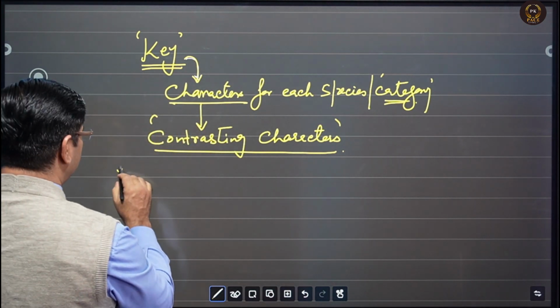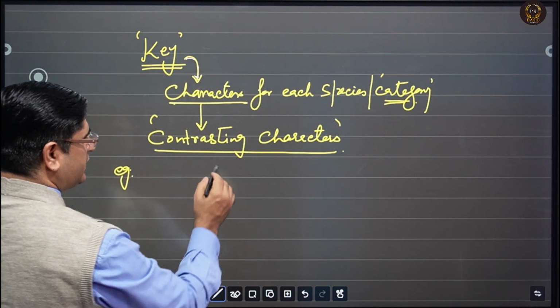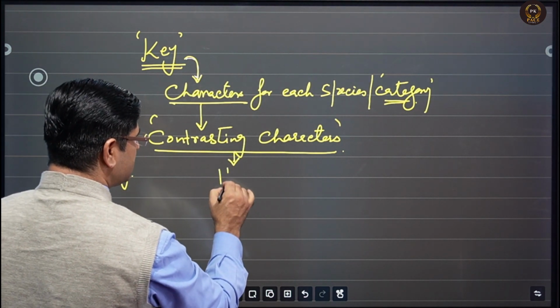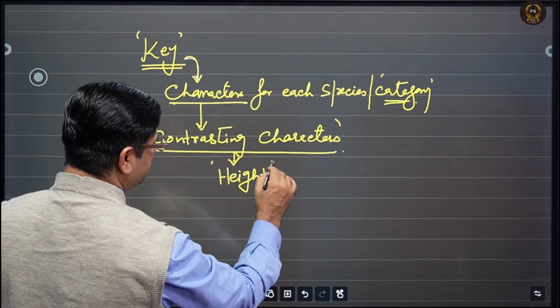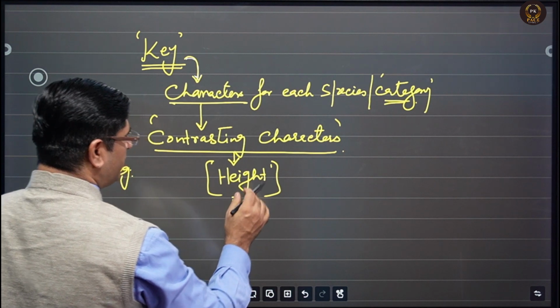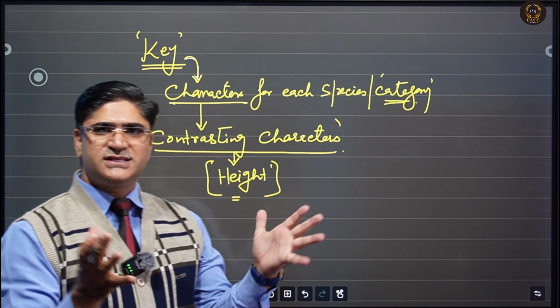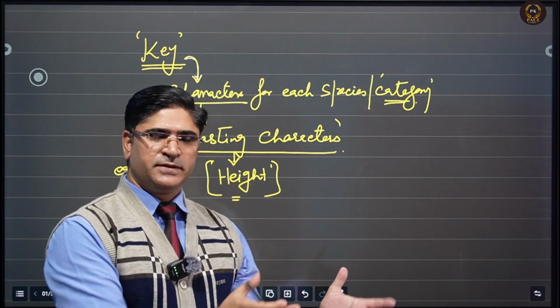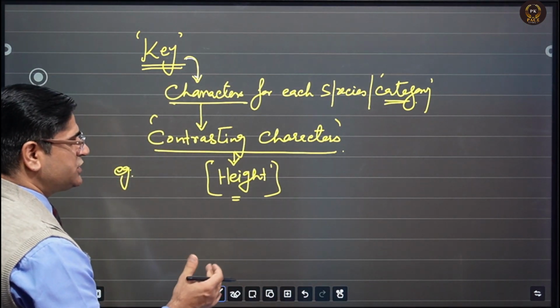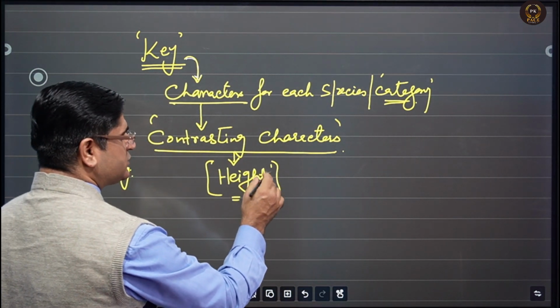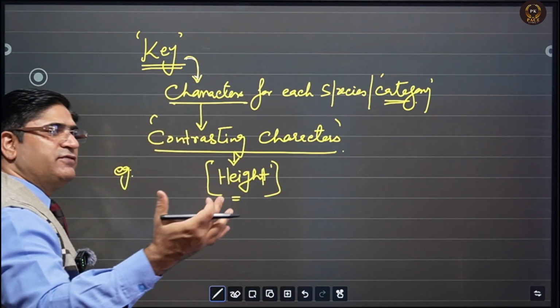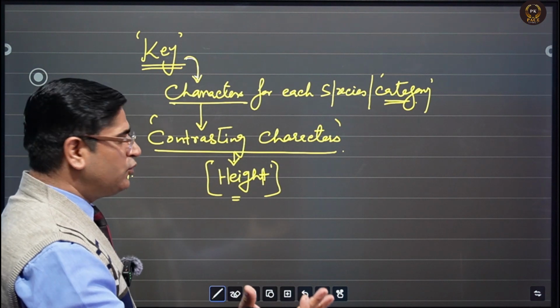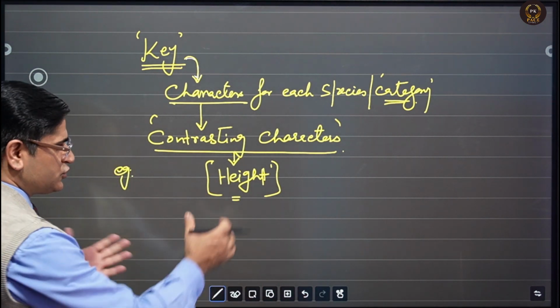For example, a contrasting character like height. Suppose the taxonomists want to differentiate between species A and species B. Between the two species, they choose the character height. Based on the height, they will see which species has more height and which has less.